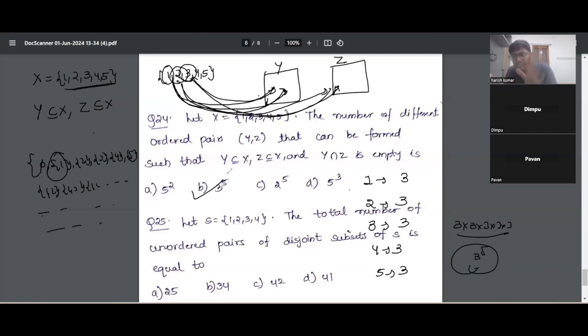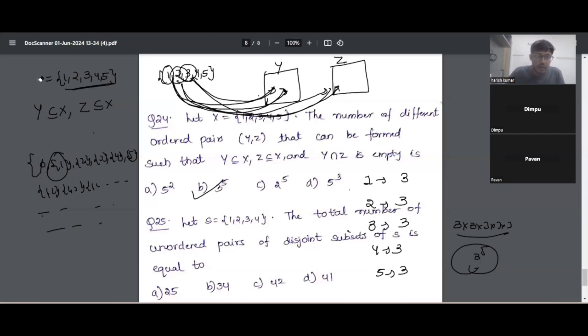And 2 can sit in Y or Z, or outside. Let's say he chooses to sit in Z. Then he'll not be sitting in Y. That means there is no common point, so the intersection set will be empty. You're getting my point? So this is how we get 3 power 5 as the answer.